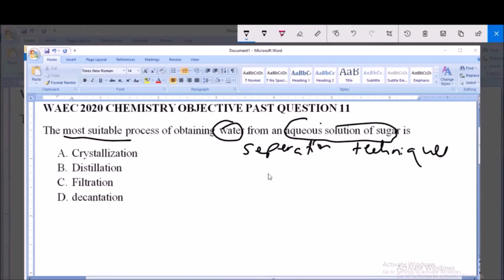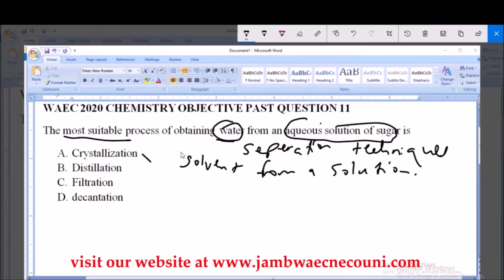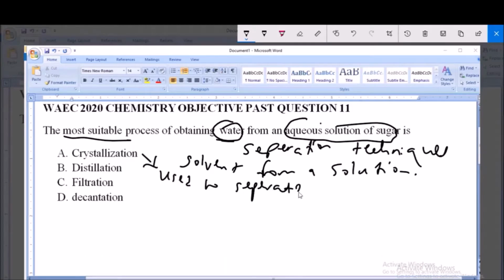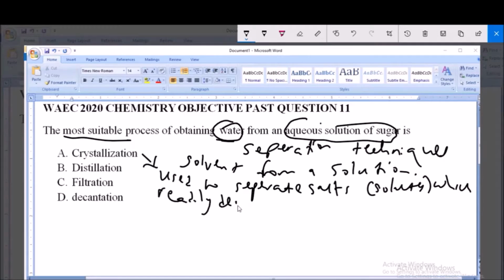So in this case, you are trying to obtain the solvent, which is water, from a solution. So let's look at each of these techniques and see which one is most suitable for this procedure. Now, crystallization is a separation technique used to separate salts, that is solutes, which readily decompose on heating from solution.